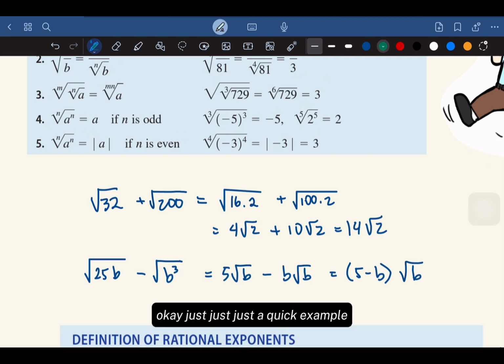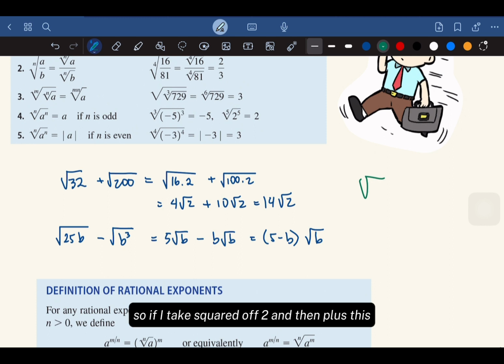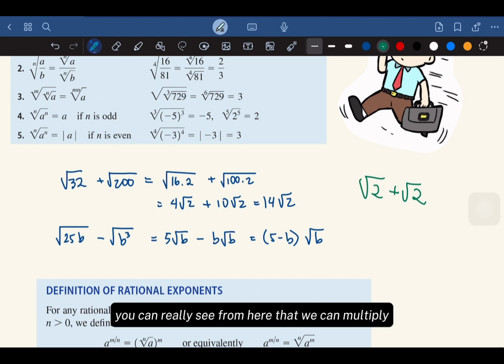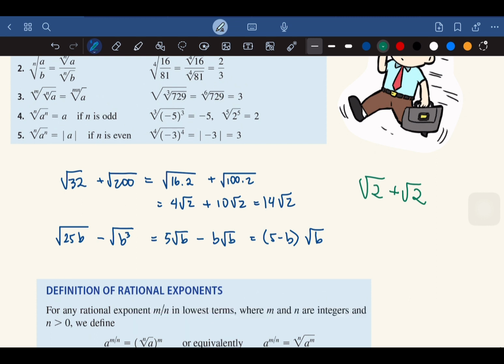Okay, just a quick example. If I take square root of 2 plus square root of 2, because we already see from here that we can combine, what is it equal to? Yeah? 2 square root of 2, right?